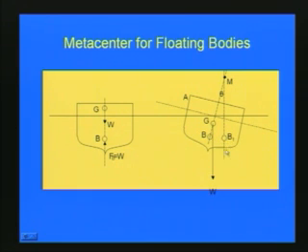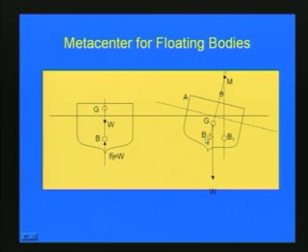So this new position is B1, and when you draw a vertical from B1, and a line from the center of buoyancy to the old position of the center of gravity, those two lines will coincide at position M. This is called the metacenter, and you can see that a small angle is formed due to the tilt, which will be equal to this angle here.